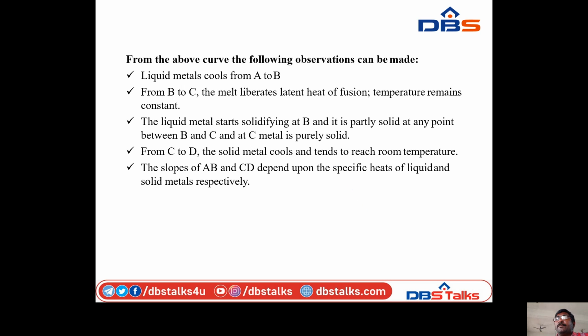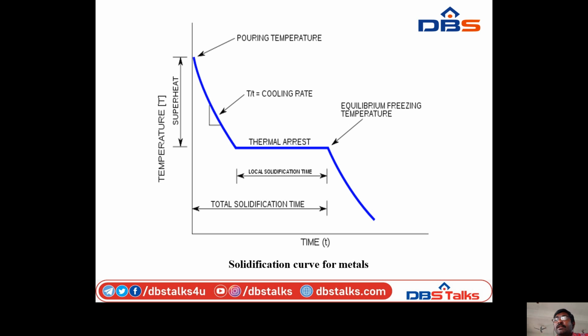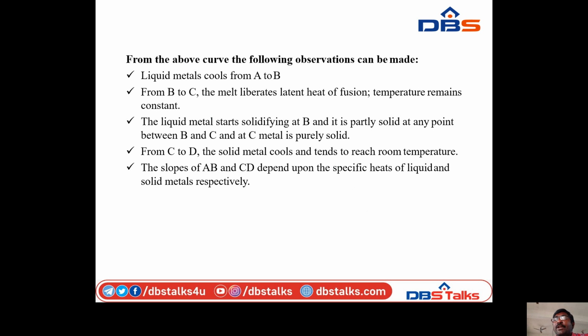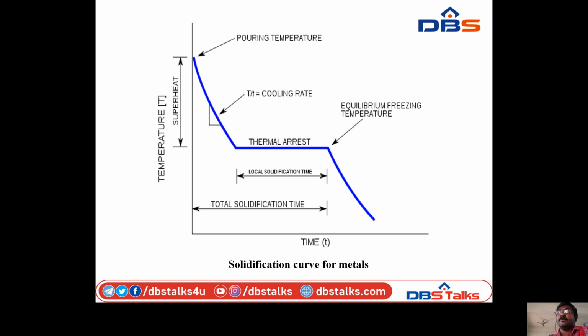From the above curve, the following observations can be made. Liquid metal cools from A to B, from the starting point to this point. From B to C, the melt liberates latent heat of fusion and the temperature remains constant. B to C is a horizontal line.